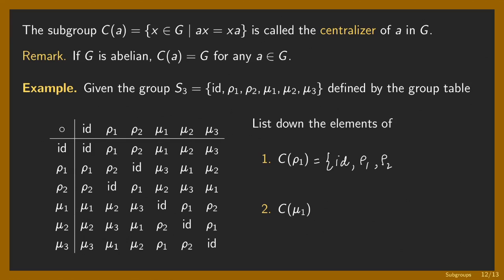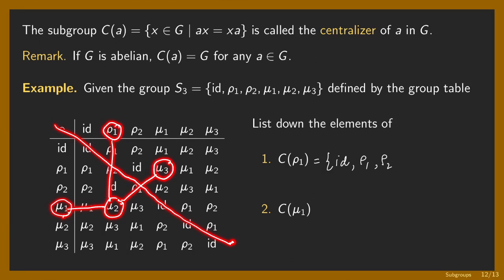How about mu1? Is mu1 in the centralizer of row 1? So let's try. If I multiply row 1 and mu1 like this, the product is mu2. Now if I reflect it along the main diagonal, so this is the main diagonal, right? If I reflect this along the main diagonal, what do I get? Mu3. So as you can see, they are different. Ibig sabihin nun, yung row 1 times mu1 iba sa mu1 times row 1. Nakikita nyo?